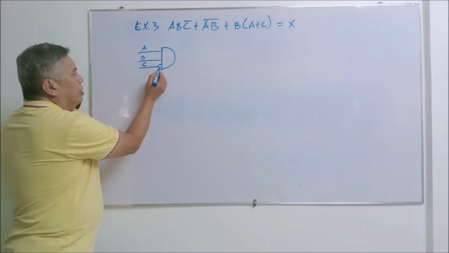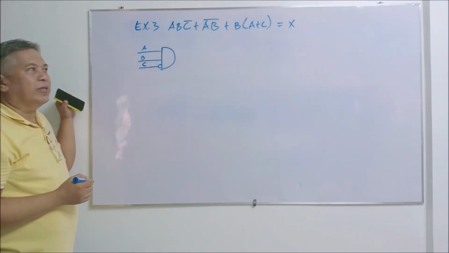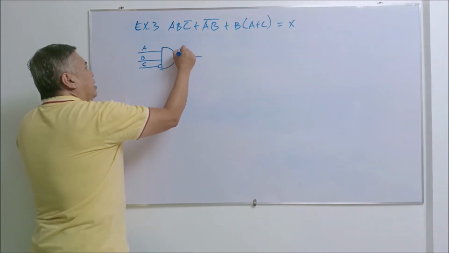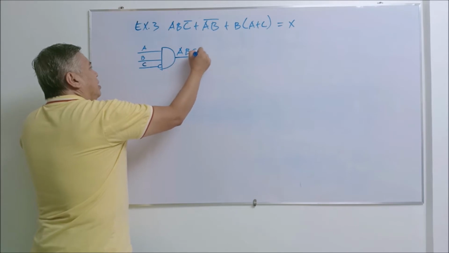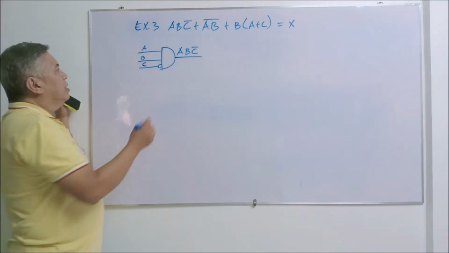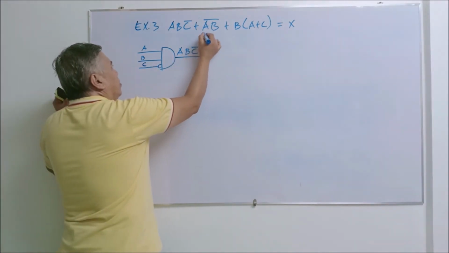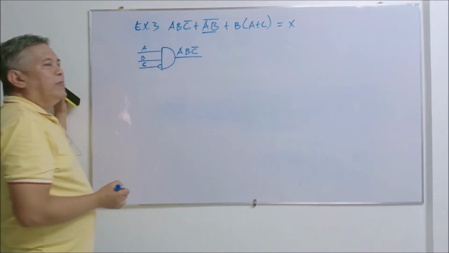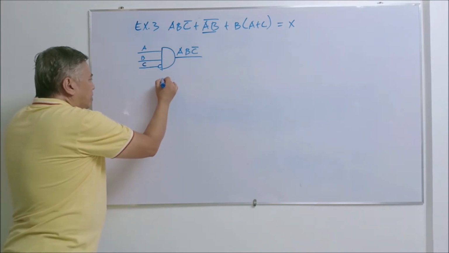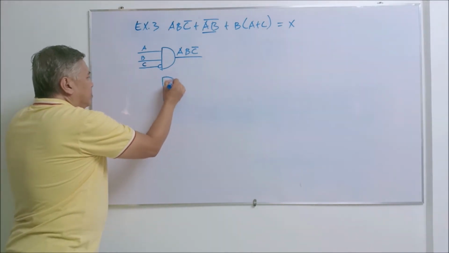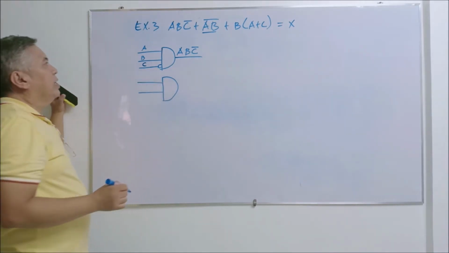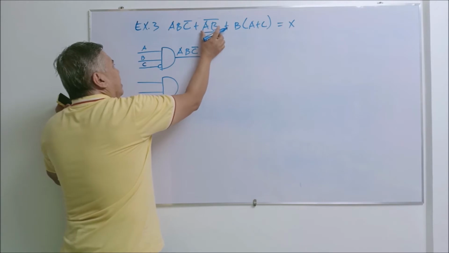So the output of this bubble is C complement, which is this one. So the output here will be A, B, C complement. Okay? And this gate is being ORed to A, B complement. So this is again another AND gate, or not an AND gate but a NAND gate, no?